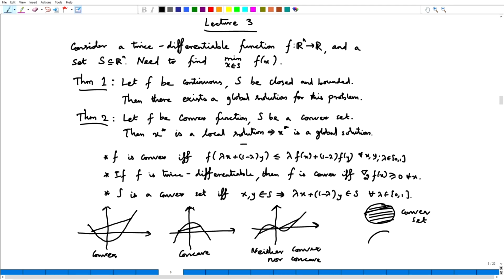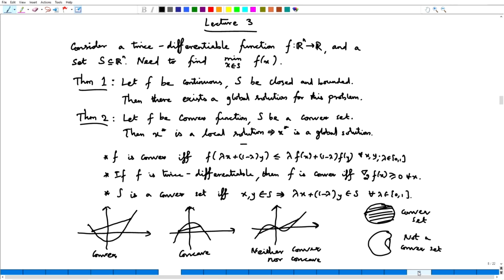Even when you have one pair of points for which this does not hold, such a set is not a convex set. Note that there is no concave set; a set is either convex or not convex.